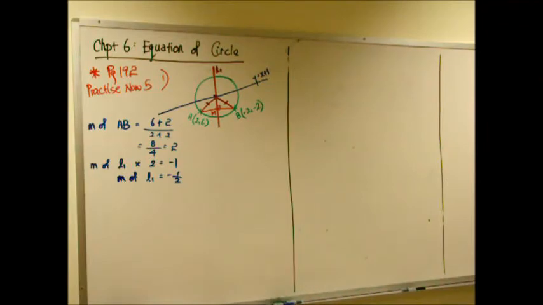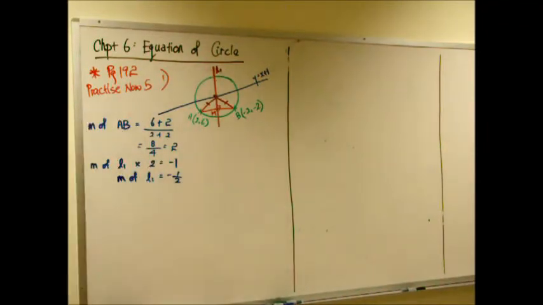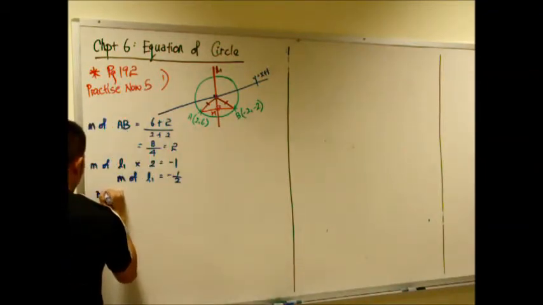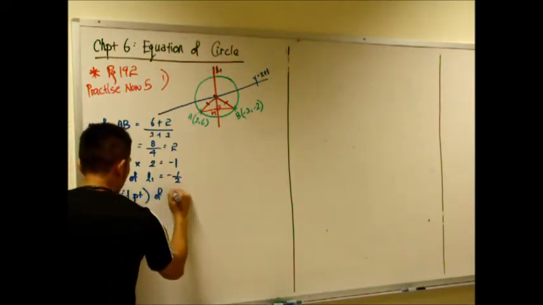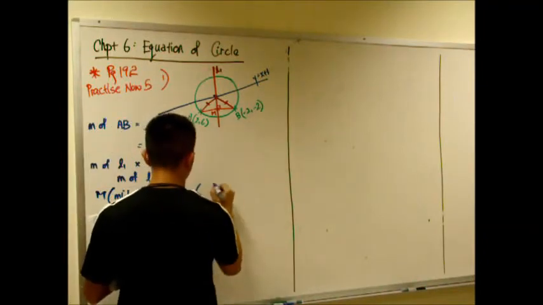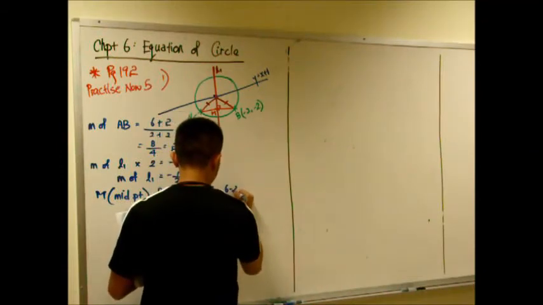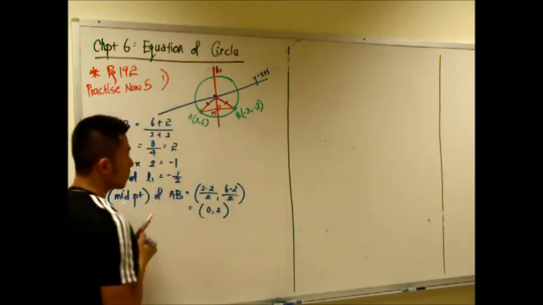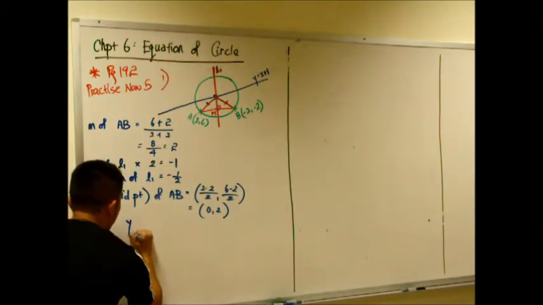But we need to use a point to substitute before we can find the equation of this line. And what is the point we need to find? It will be the midpoint of AB, which is the average of the x coordinates and the average of the y coordinates. Then we are ready to find the equation of the perpendicular bisector.